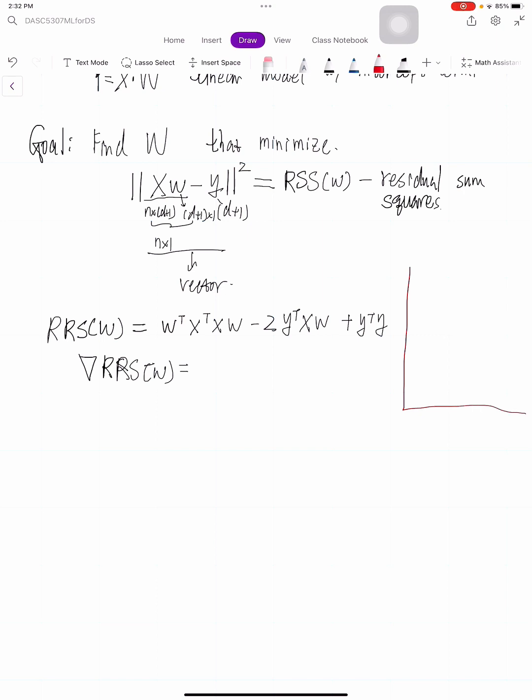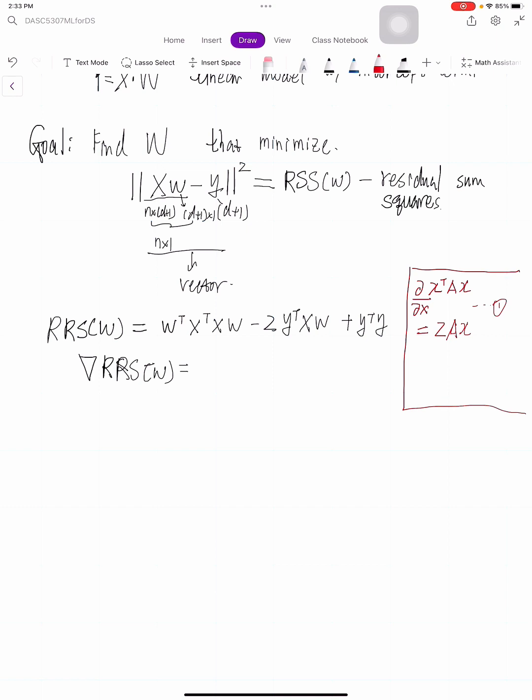If you have the quadratic form, X transpose A X, a matrix times X, and you take the derivative with respect to the vector X, you will get 2AX. Okay, so that's the first formula.